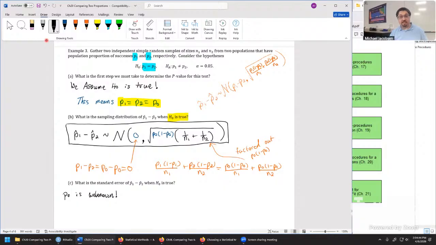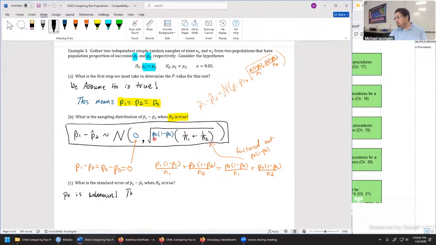Every time we came up with a standard error, we went to the spread, the standard deviation in the normal distribution, and estimated the parameter that came out. This time we have to estimate P naught. We've never done that before, and it means we need a new statistic.